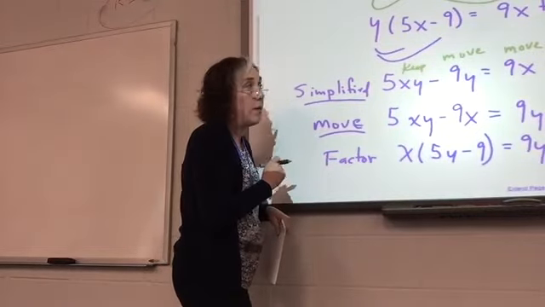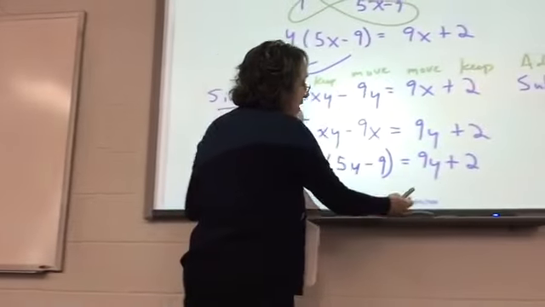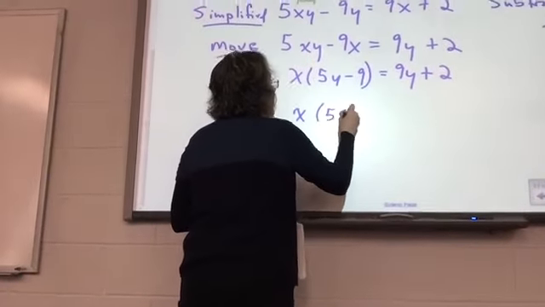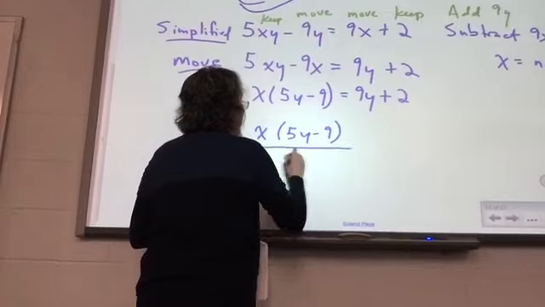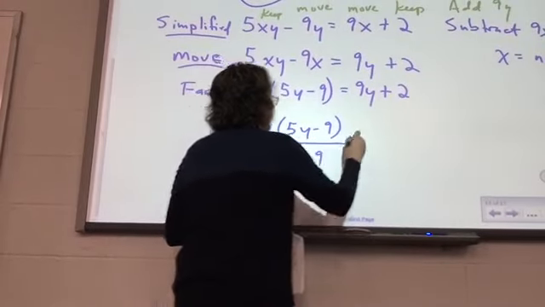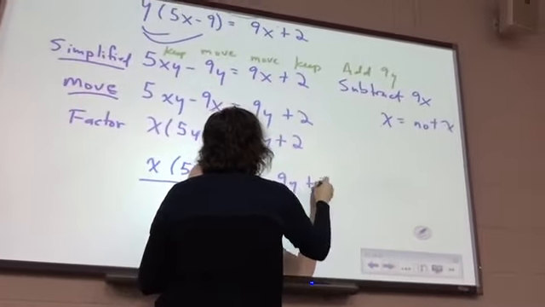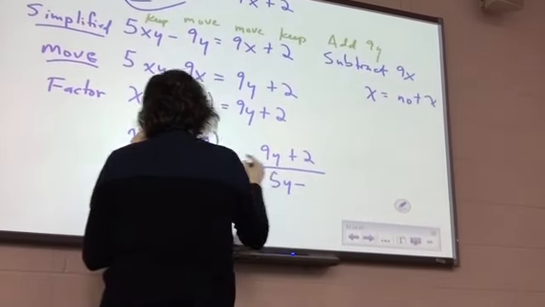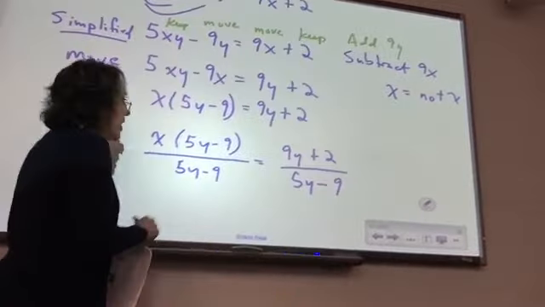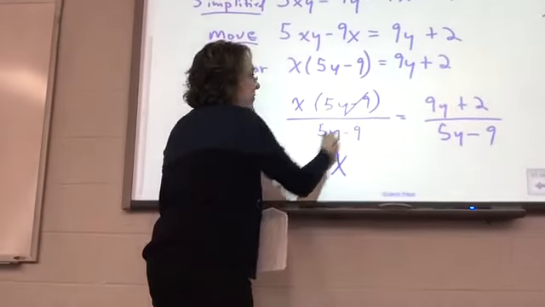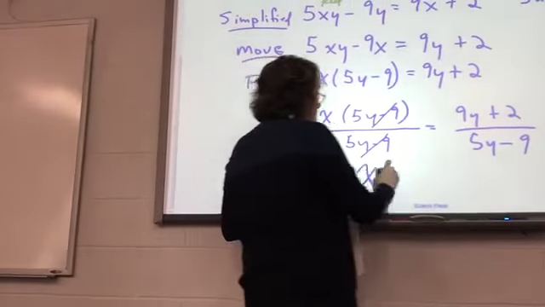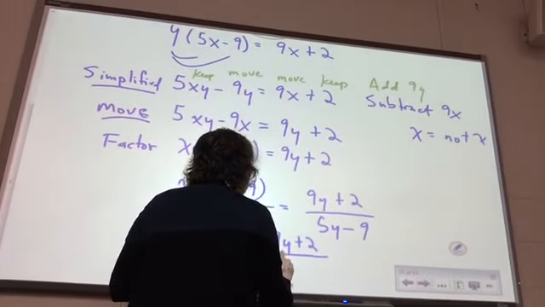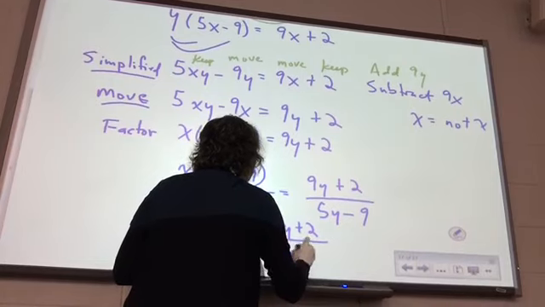Okay, if I factor out the x, you see it? What's the last step? Divide. What would we divide by? Okay. And then you're done, right? So, see? We can just divide out. And so we get x equals (9y + 2) over (5y - 9).